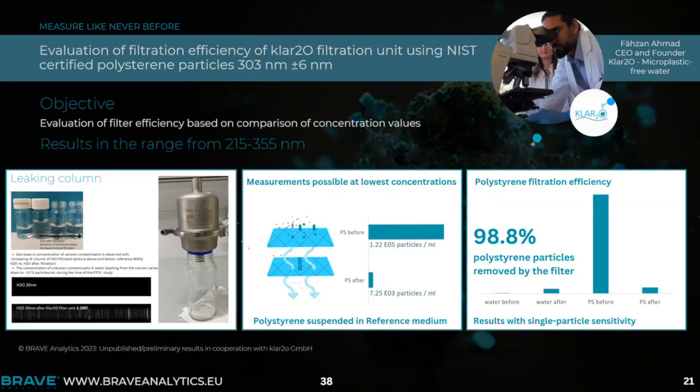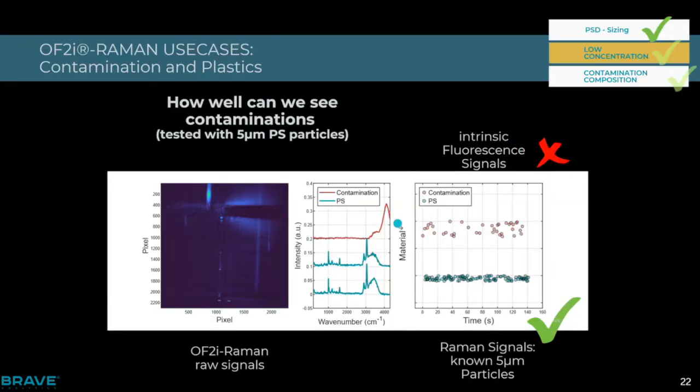But now we really said, okay, with the spectra, we can not only get the information on the particle size and the concentration, but also really define how many of the particles coming through are really leachables or contaminations or are really spectra. So we were able to define particles very fast.